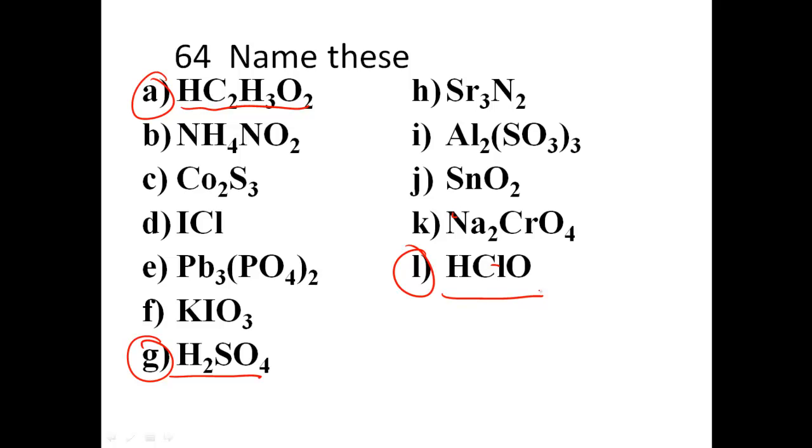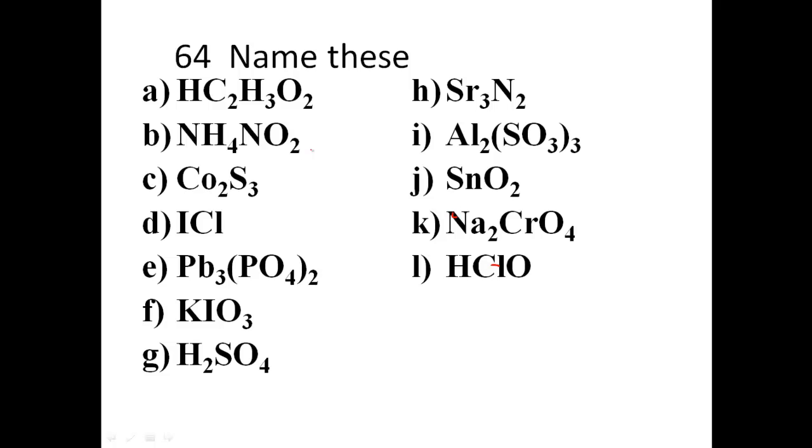The thing that's really significant about these three compounds is that we have anions containing oxygen, and we are starting with hydrogen. Now these just happen to be acids. And so we want to look at how to name these oxygen-containing acids, or oxyacids. And so we're going to look at our rules for that.